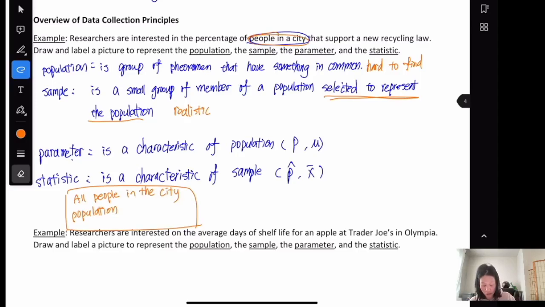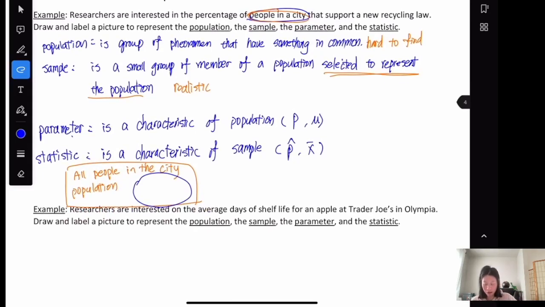So to be more realistic, we want to survey some people, maybe people who read a certain newspaper or go to some website.